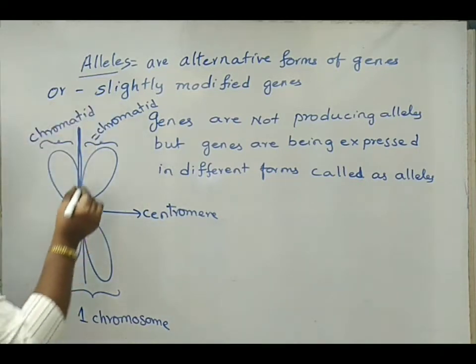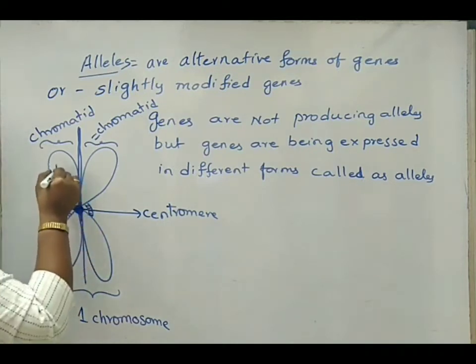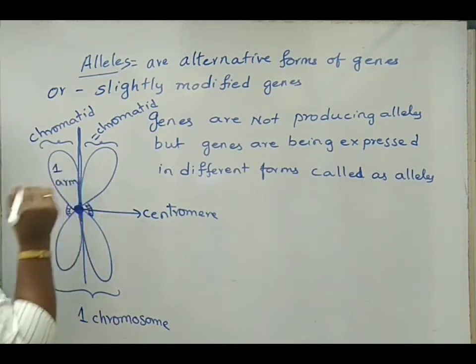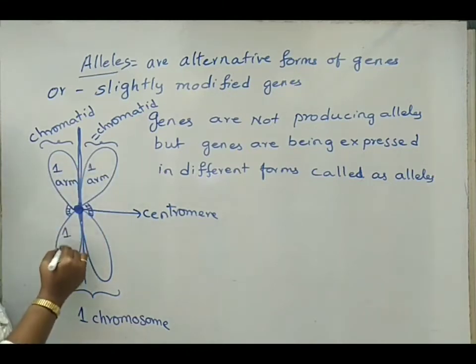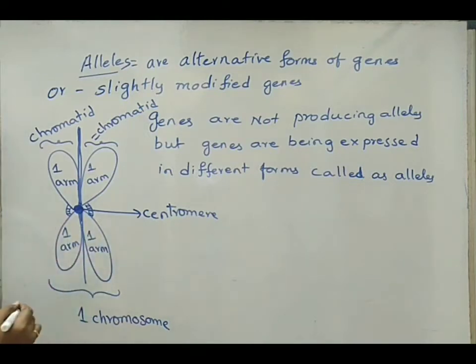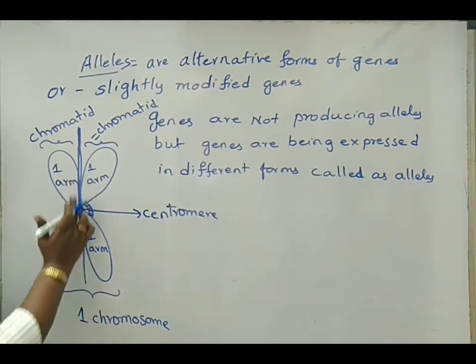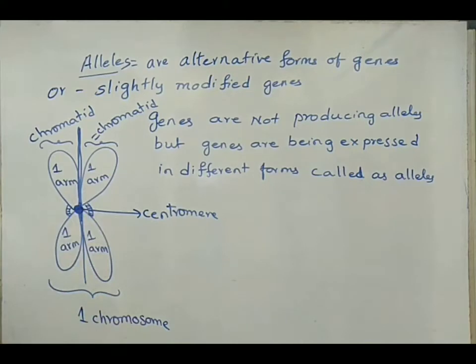Now, what are these four separately called? This is one arm. This is also one arm. This is also one arm. This is also one arm. So there are four arms, two chromatids, one centromere, two kinetochores on either side of the centromere.